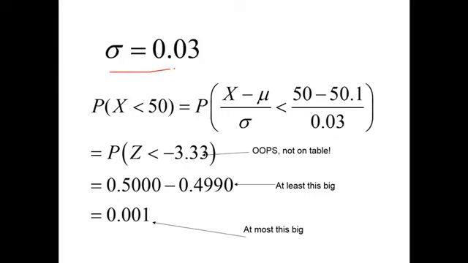If I do it with 0.03, I've just made the standard deviation a little smaller. What has happened? Well, I do the z-score, and I get this number. It's not on the table. It's too big for the table.